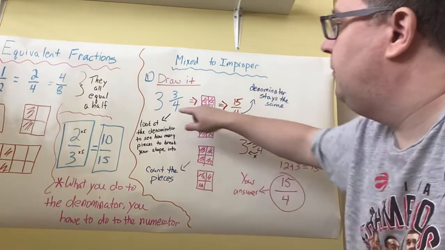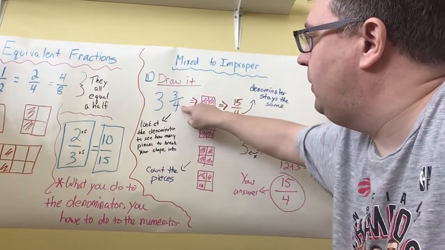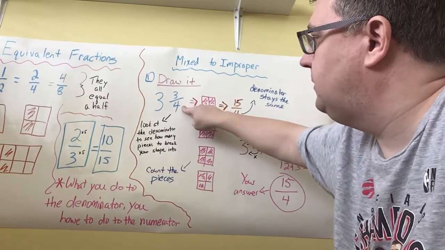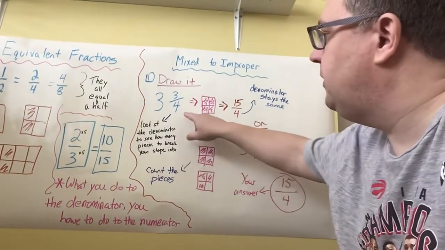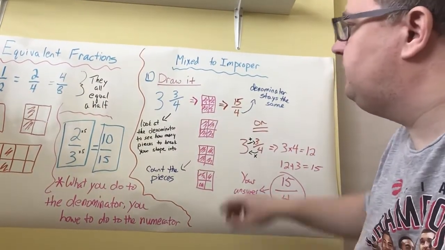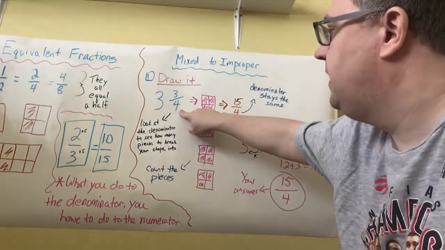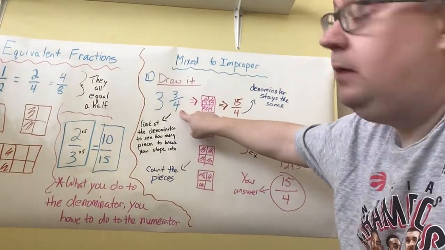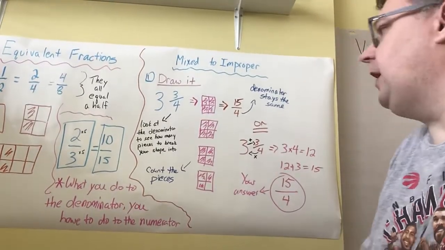So my mixed fraction, I have 3 3/4, okay? So I need to look at that denominator, and that denominator tells me on whatever shape I make, I have to divide it up into that many pieces, okay? So in this case, the denominator is 4. I need to break up my shape into 4 pieces, okay?